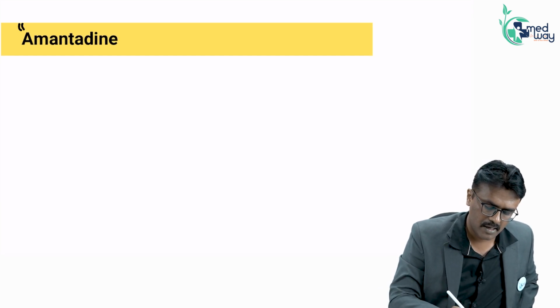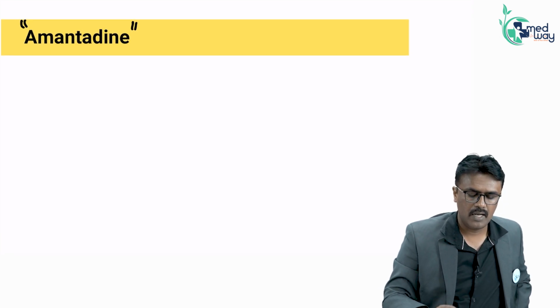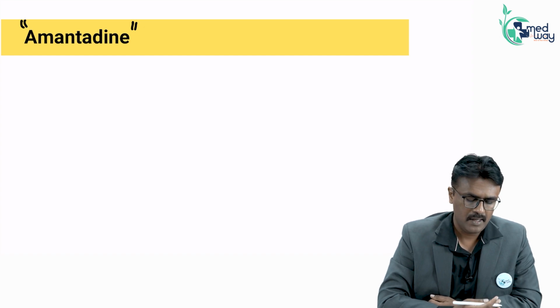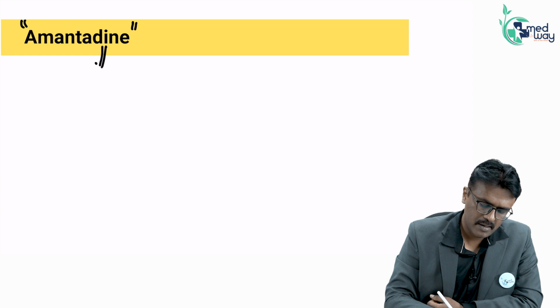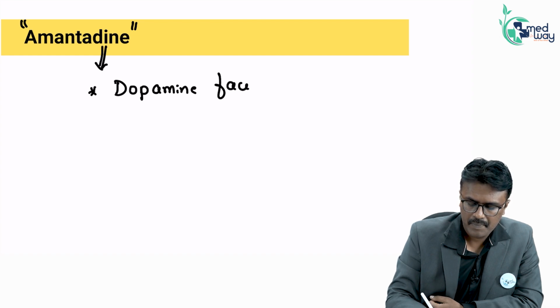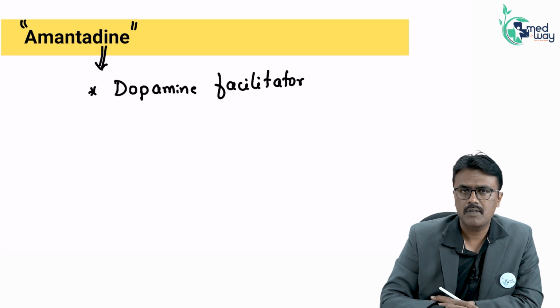But we have another drug by the name amantadine. Actually, amantadine had a role in influenza, but nowadays we have better drugs for influenza called oseltamivir. Now we don't use it for that. It was used for influenza A. Now the specialty of amantadine is it's a dopamine facilitator, which will help in overcoming Parkinson's symptoms.